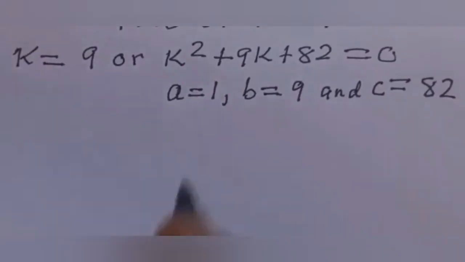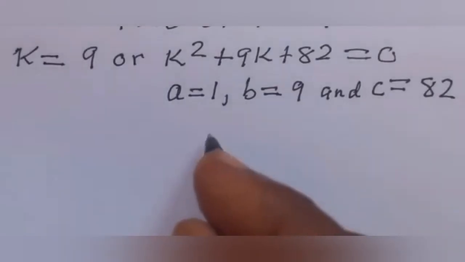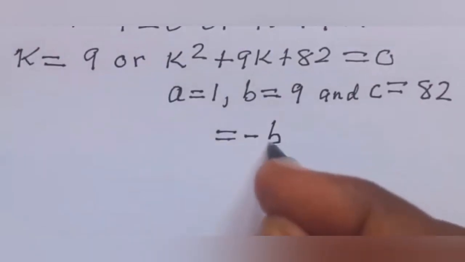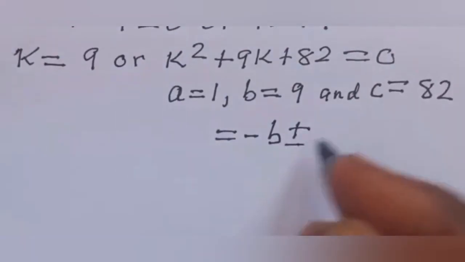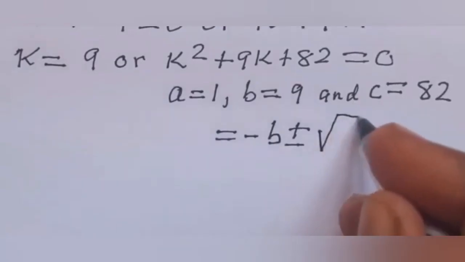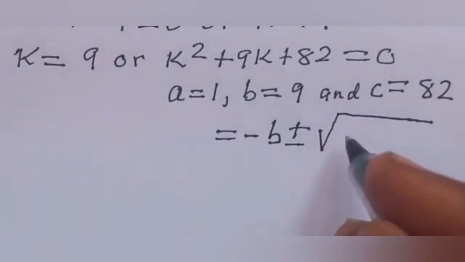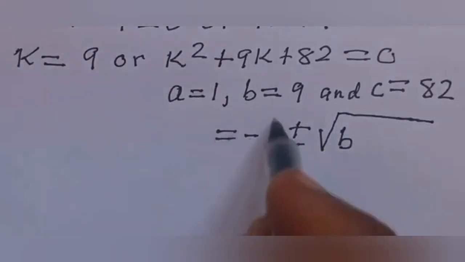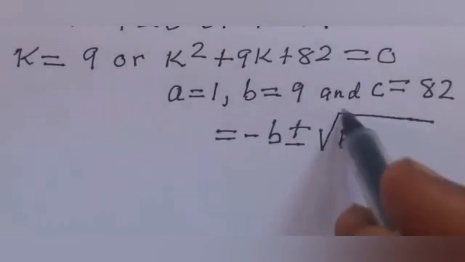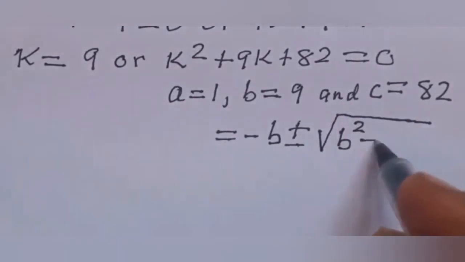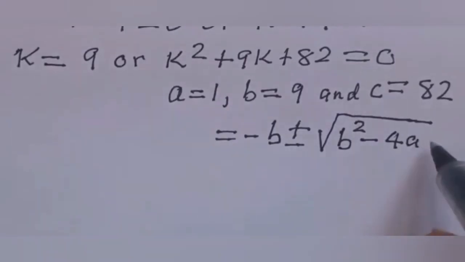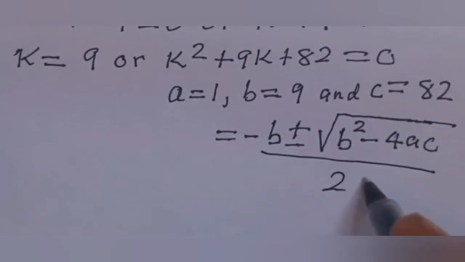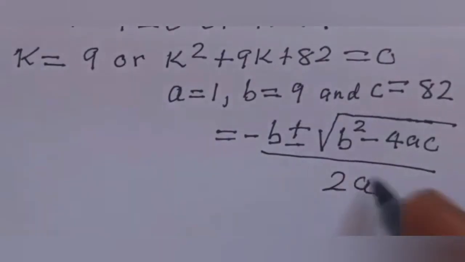Applying the quadratic formula, this is equals to negative b plus or minus under root b squared minus 4ac over 2a. This is the quadratic formula.